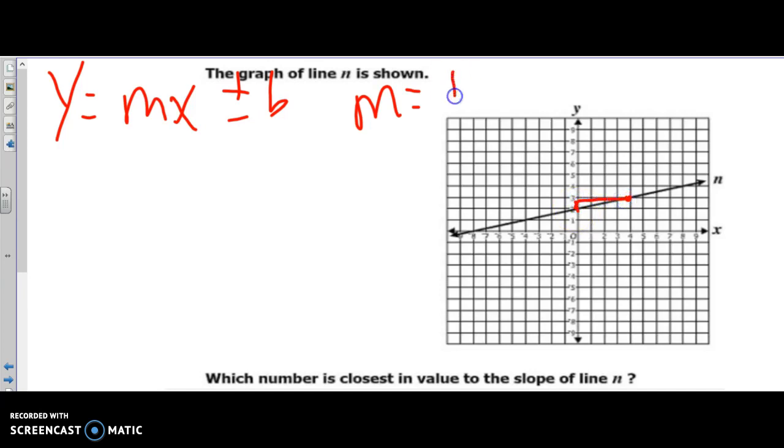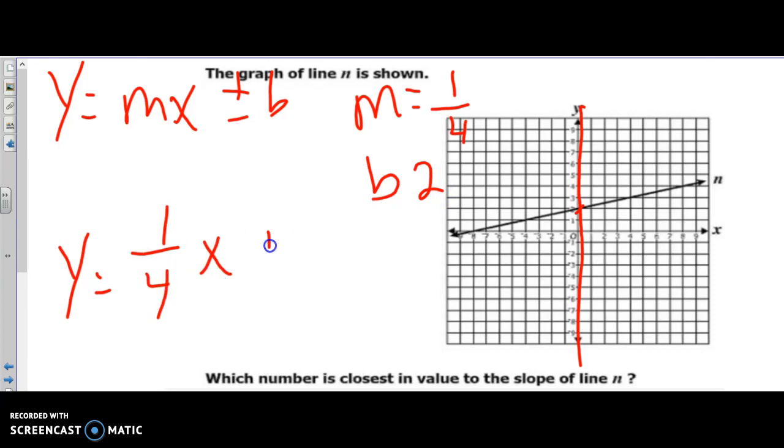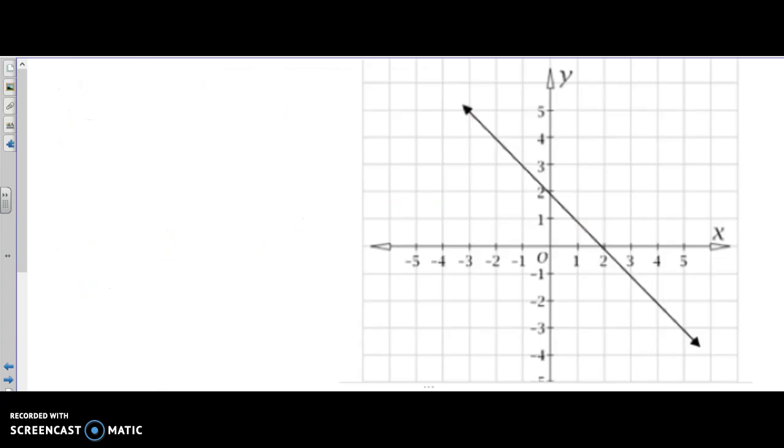So my slope is positive 1/4, and my y-intercept is wherever it crosses through the y-axis, and in this case it's at +2. So my equation would be y equals 1/4 x plus 2. Now you guys go ahead and try and figure out what the equation is for this one.